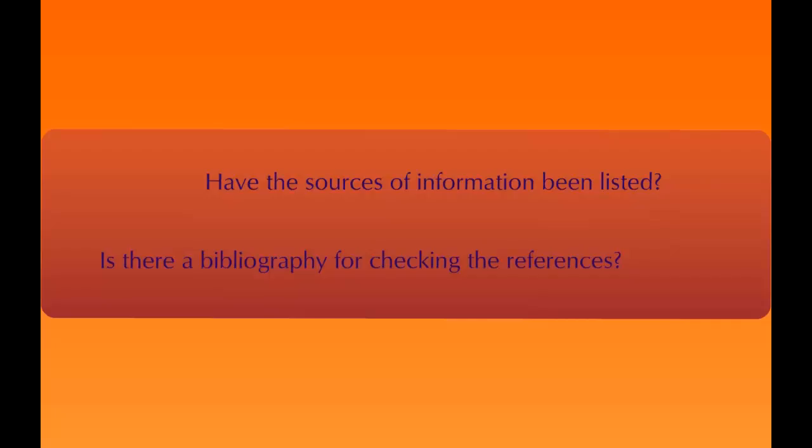You want to know that they are giving credit where credit is due and citing their sources. And remember back to our other presentation about the pearl growing strategy, you can use those sources to lead yourself to new sources. So that also works to your advantage there. But you want to make sure, have they documented their sources of information? Or does it seem like they're just making everything up?